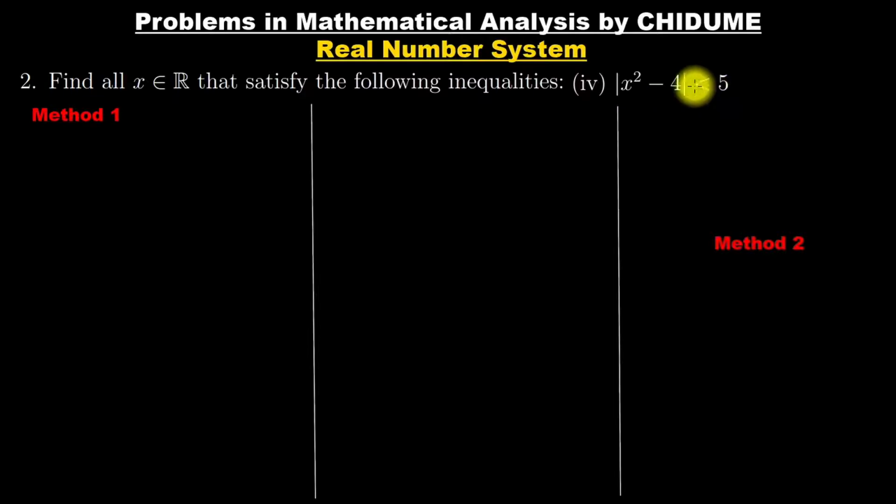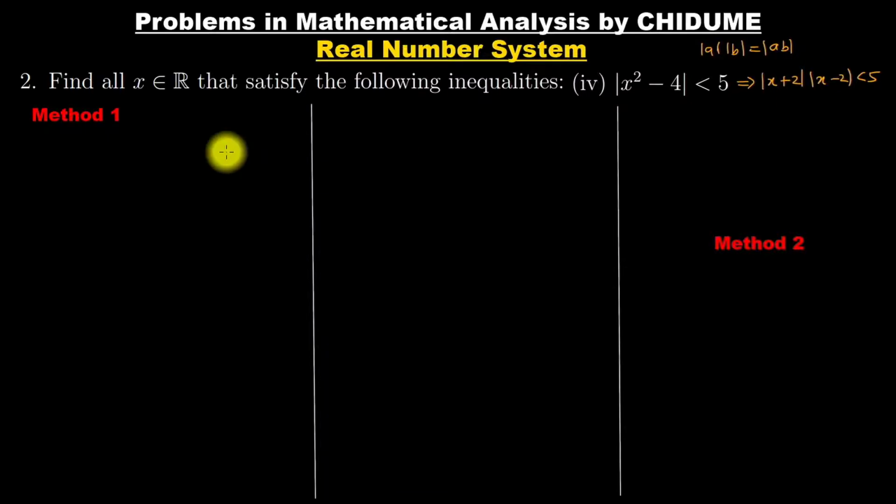Now you observe that the absolute value of a multiplied by the absolute value of b can be written as the absolute value of a, b. So here this can be written as the absolute value of x plus 2 multiplied by the absolute value of x minus 2 to be strictly less than 5.